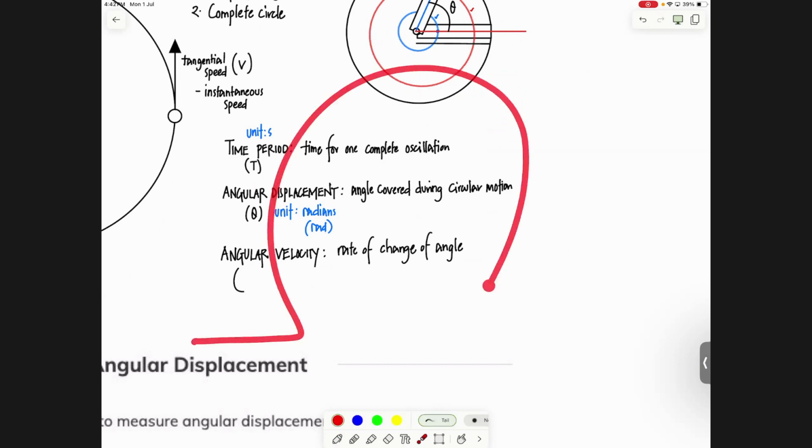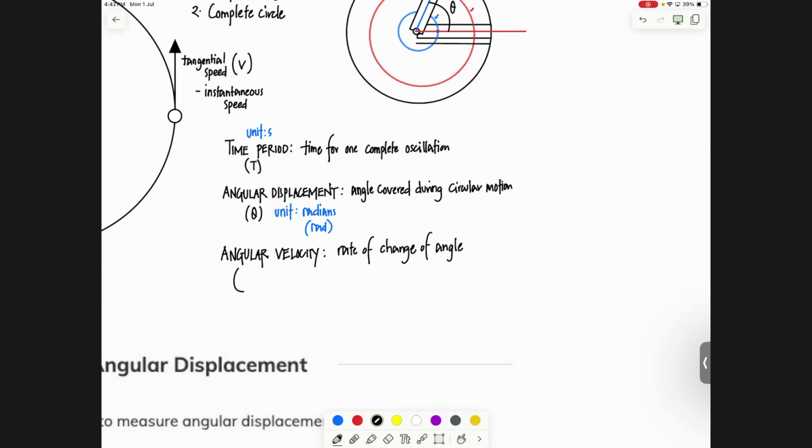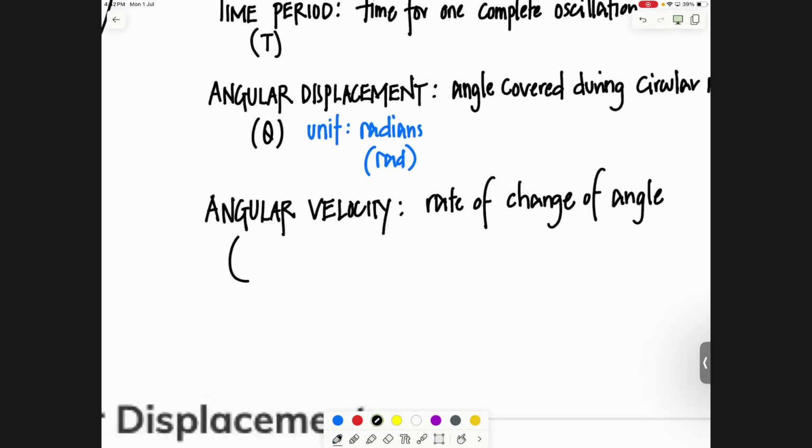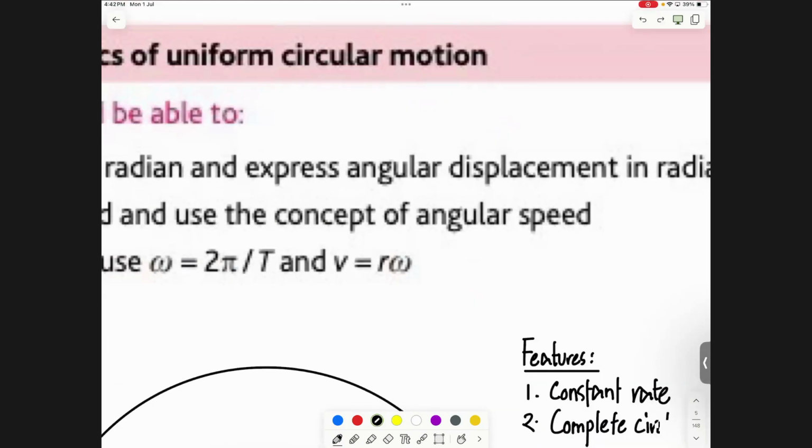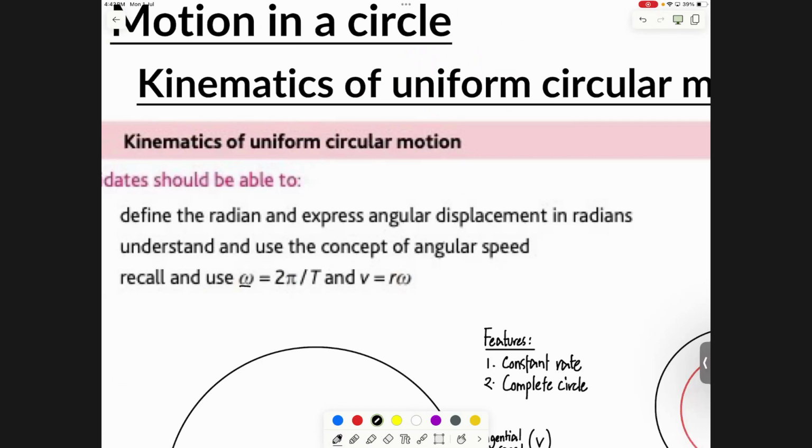That's capital omega. The symbol for angular velocity is small omega. And small omega is very commonly misinterpreted as W. It is not W, it is actually that symbol. If you don't recognize the symbol, I'll show you. It's pixelated here, but do you see that symbol there? That is the symbol.